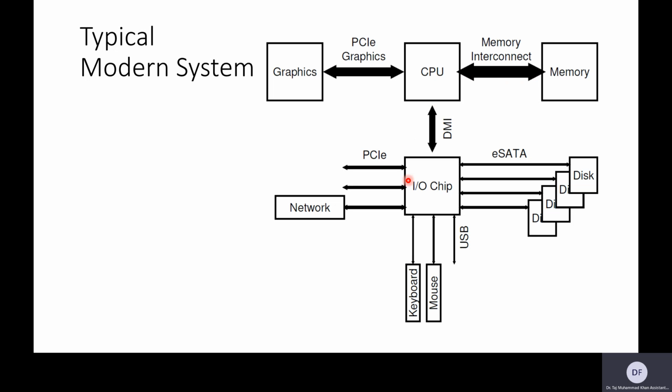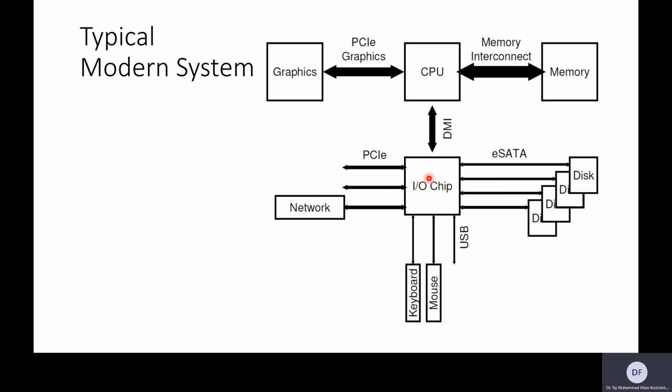And then here we have a whole subsystem, a chip specially designed to connect all the other peripherals to the CPU. Instead of these peripherals connecting directly to the CPU, they connect to this I/O chip, and this I/O chip plays the role of an intermediary between the CPU and all these disks.